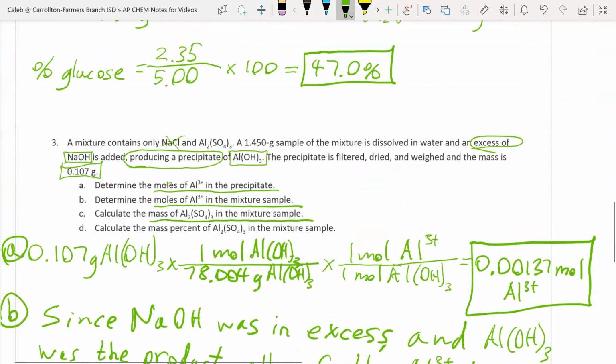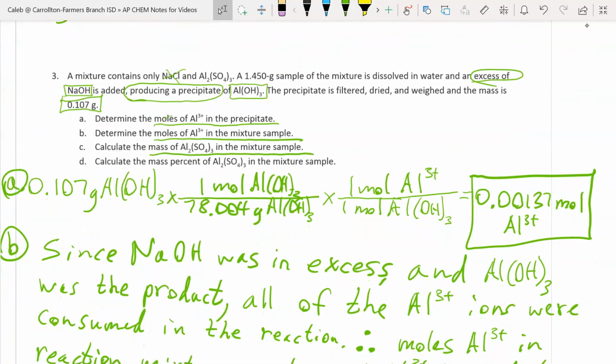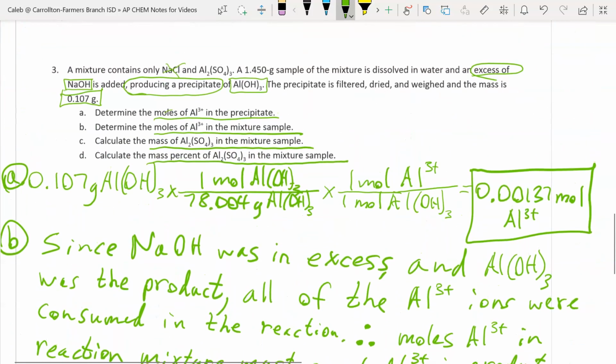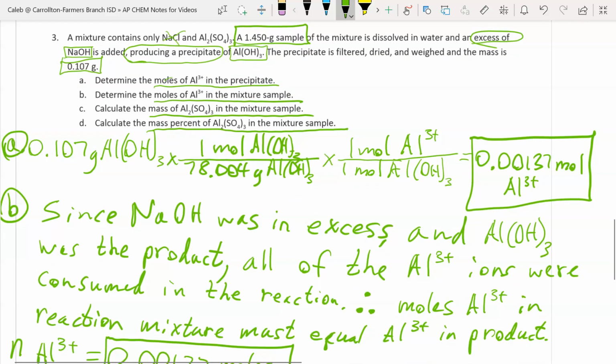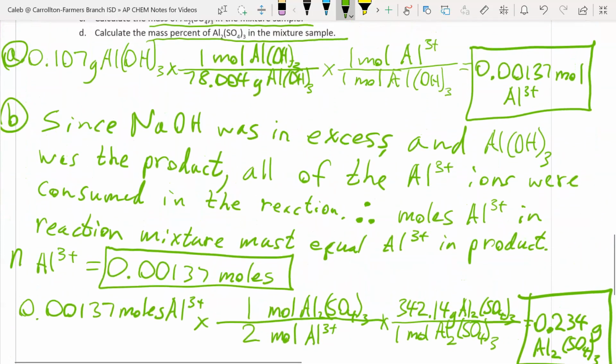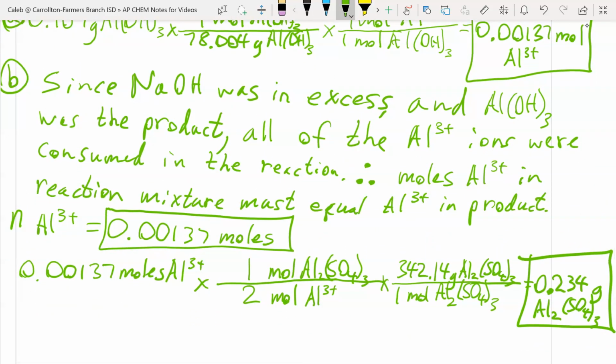All right, we got one more part to this question. Calculate the mass percent of Al2(SO4)3 in the mixture sample. So now we have the mass of Al2(SO4)3. We have the mass of the sample. So then we just need to divide and multiply by 100. So part D, and I should label this right here as part C, sorry.